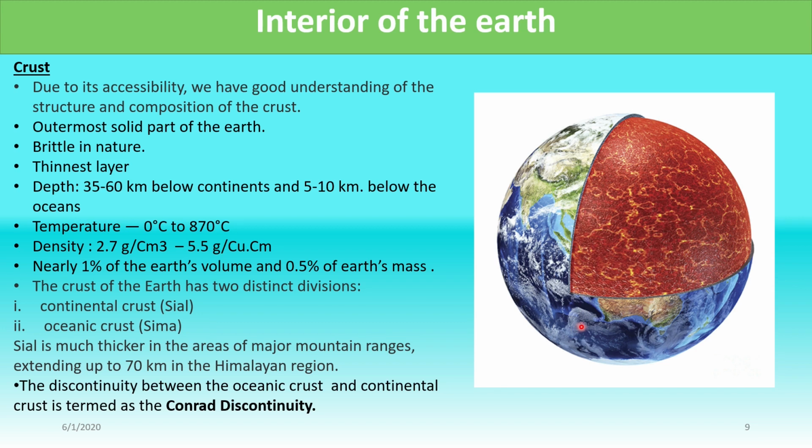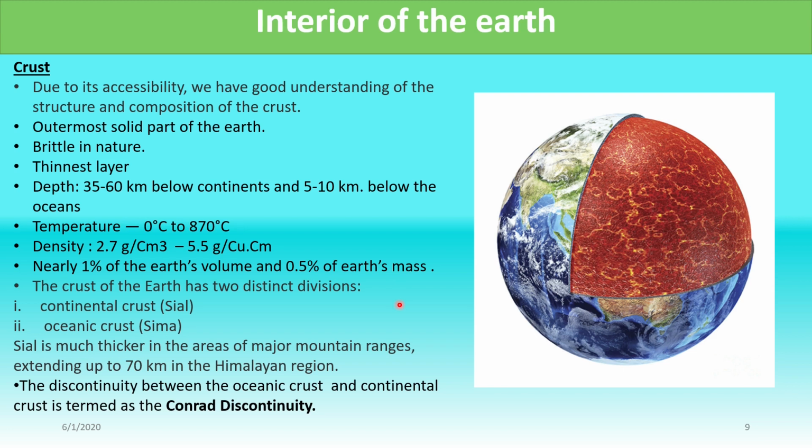Temperature 0 to 870 degrees centigrade. Density is 2.7 gram per centimeter cube to 5.5 gram per centimeter cube. Nearly 1% of Earth's volume and 0.5% of Earth's mass.